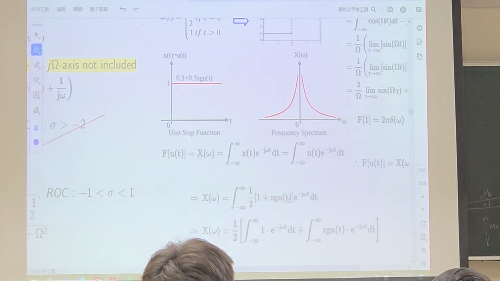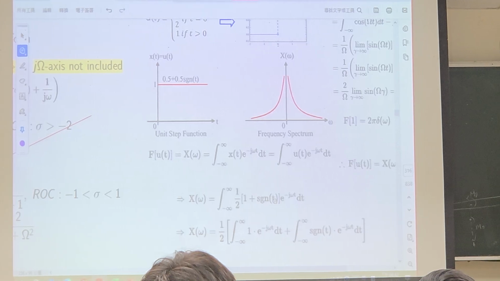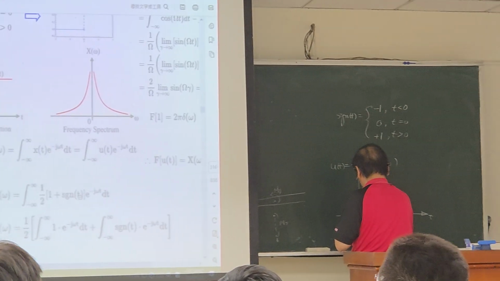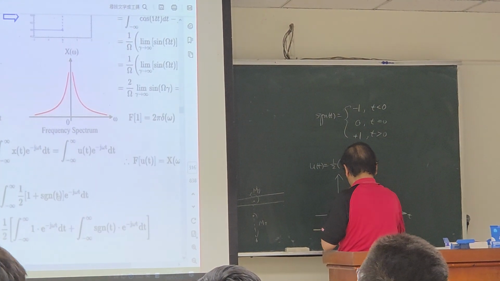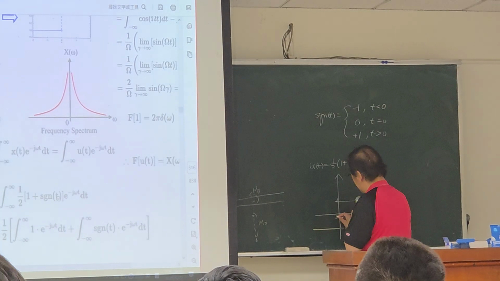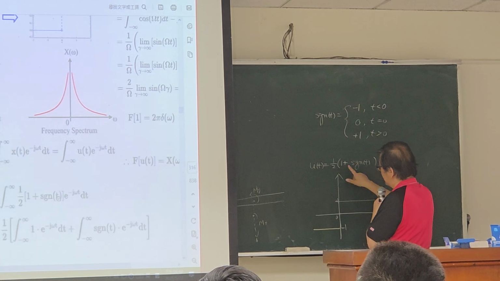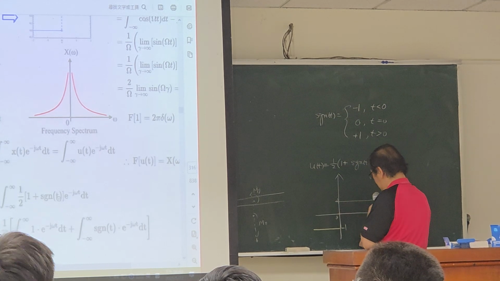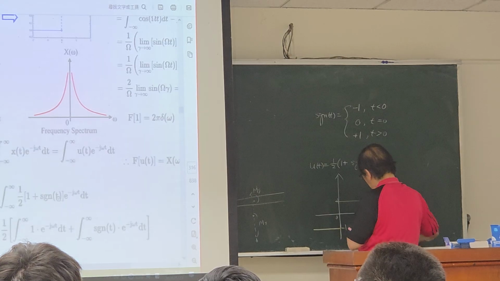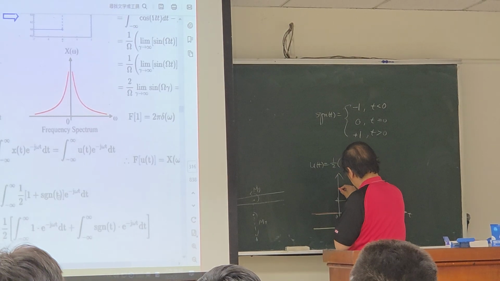And you see that it is negative, positive, and 0 here. Okay, so once you add the sign function multiplied by 1, this becomes 0 and then 2.